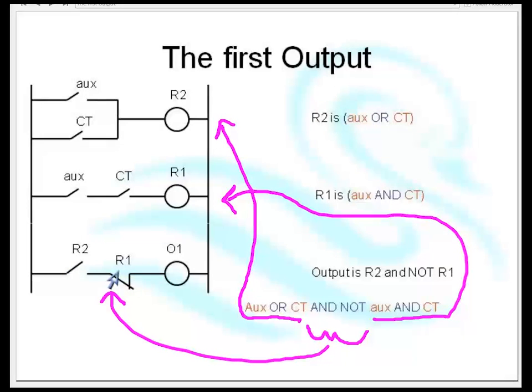Relay 1 is the auxiliary and the CT. I've taken a normally closed contact off of relay 1, which gives me a NOT. So that my output here, output 1, comes on when the auxiliary or the CT, and not both of them together.